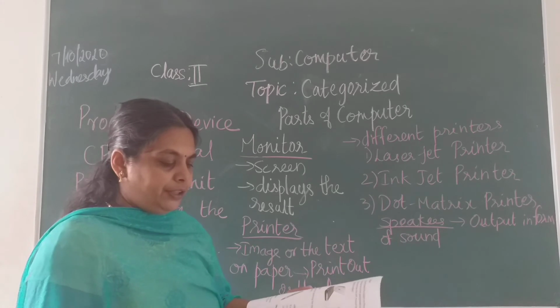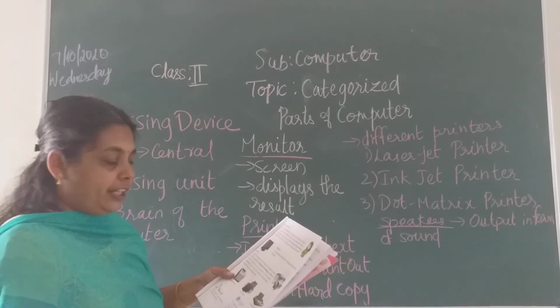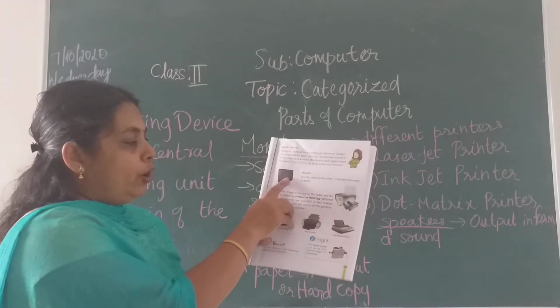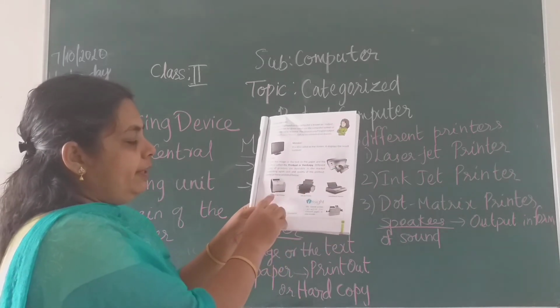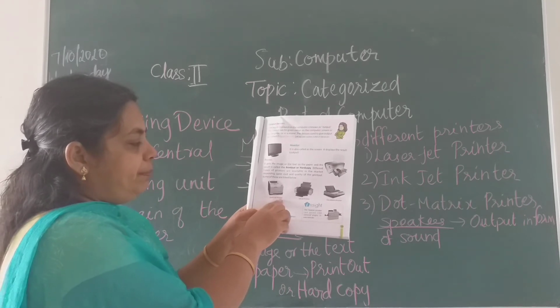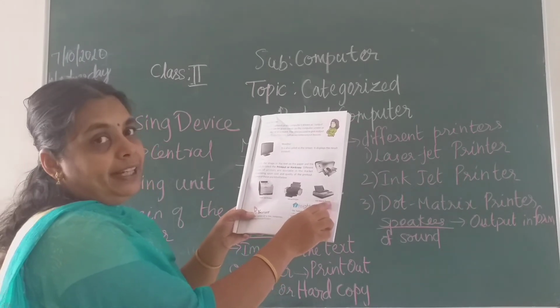Children, I am going to show you some of the output devices given in your textbook. The first one is your monitor. Then you have the printer, and pictures of different printers are given: laser jet printer, inkjet printer and dot matrix printer.